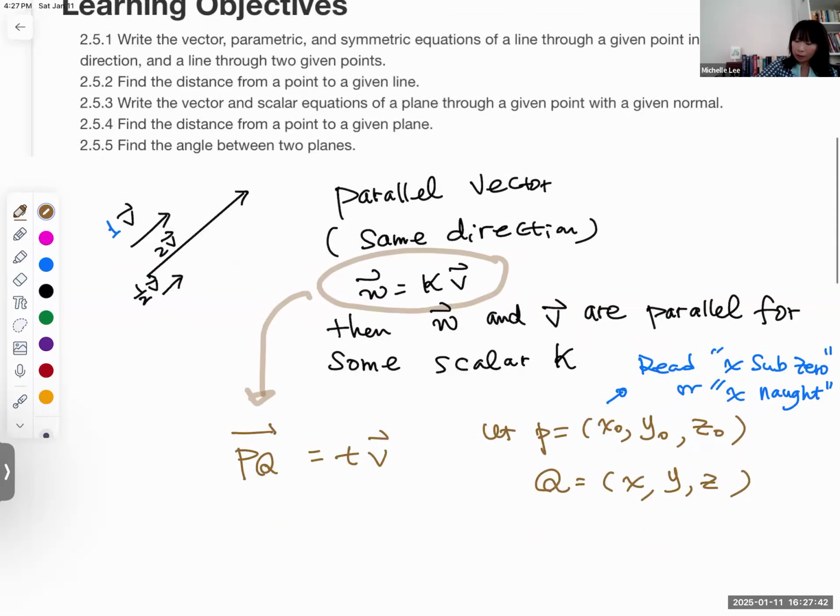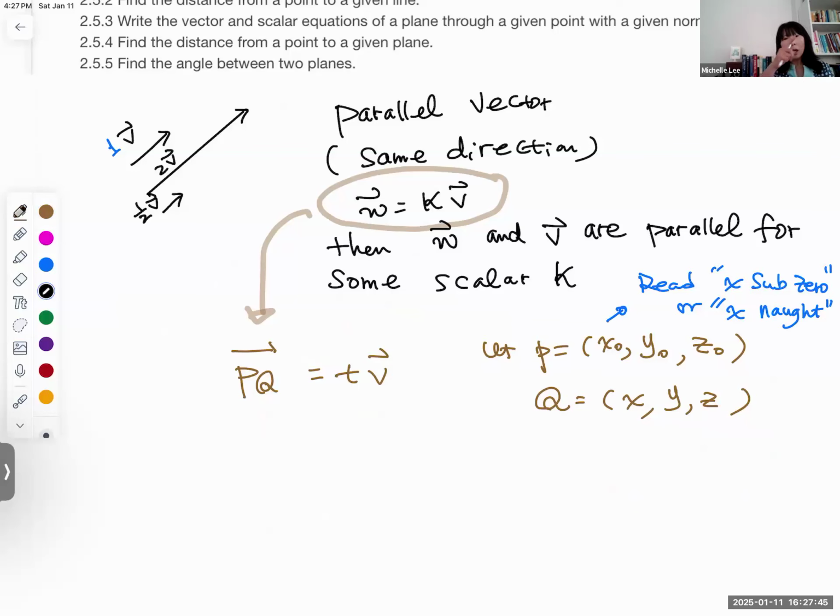Then the vector, we can express as x minus x naught for the first component, y minus y sub 0, and z minus z sub 0, right? That's the left side. And t is just a scalar. And vector V, we can express as a, b, c.